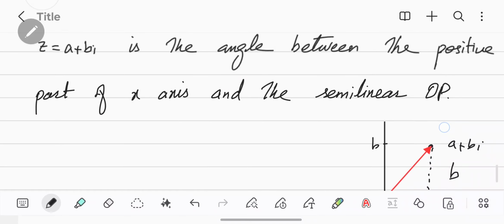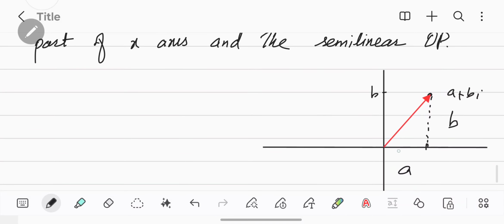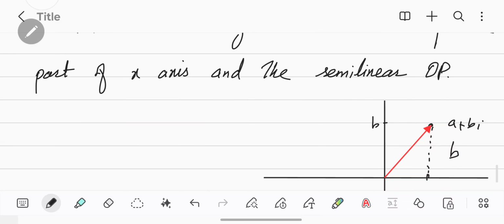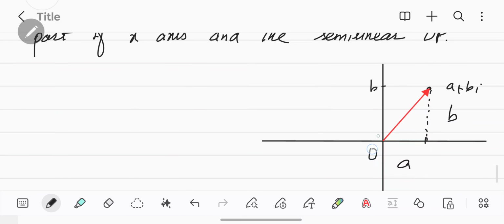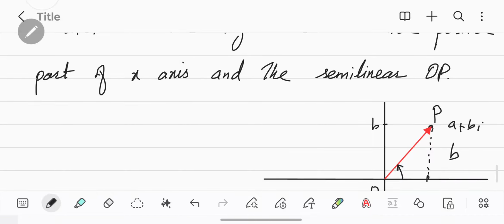We have to find the angle from the positive part of the x-axis to the semilinear line OP, where O is the origin and P is the point where the arrow ends. This angle, which starts from the x-axis and goes towards the line OP, is called the argument.